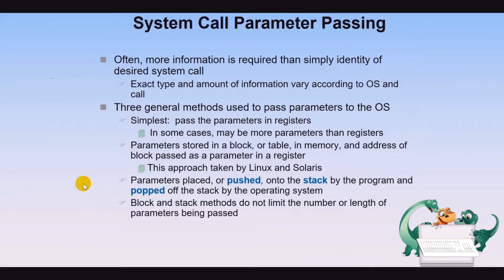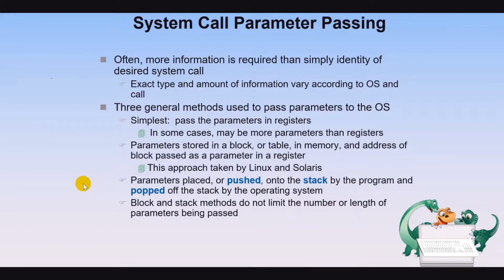Next, system call parameter passing. Often, more information is required than simply the identity of the desired system call. Of the general methods used to pass parameters to the OS, the simplest is to pass the parameters in registers. Or parameters are stored in a block or table in memory, and the address of the block is passed as a parameter in a register.